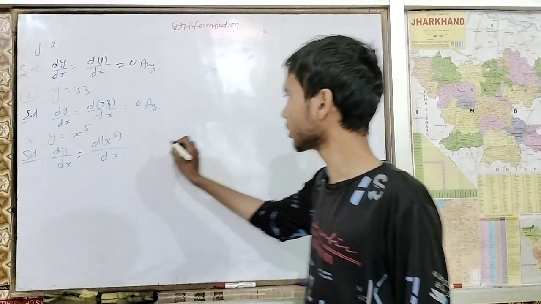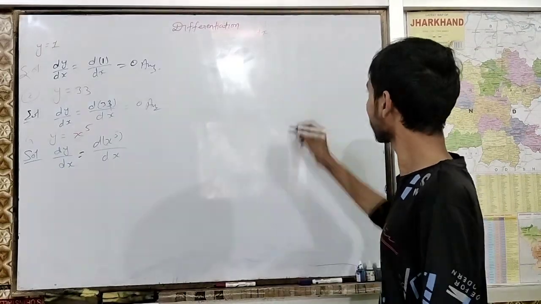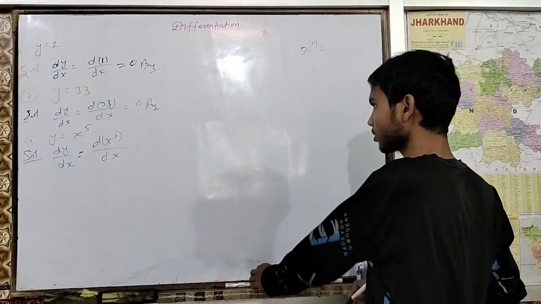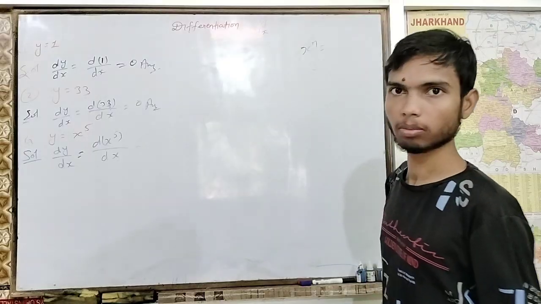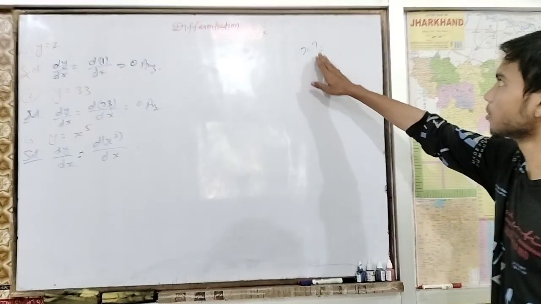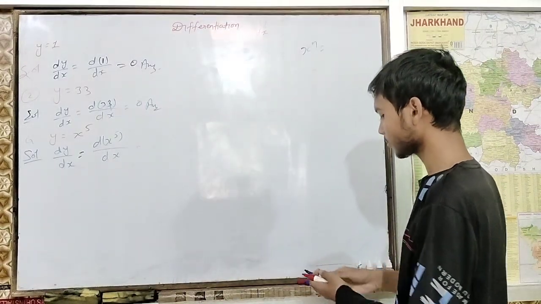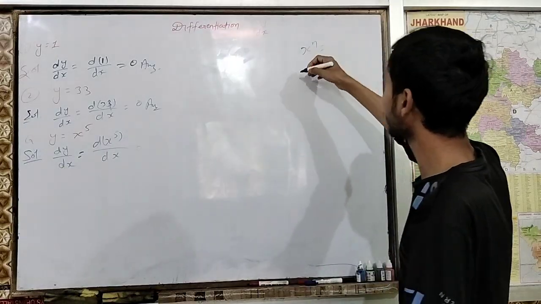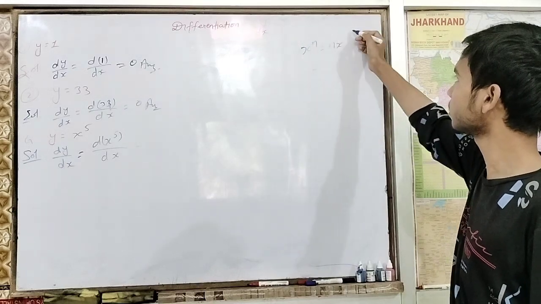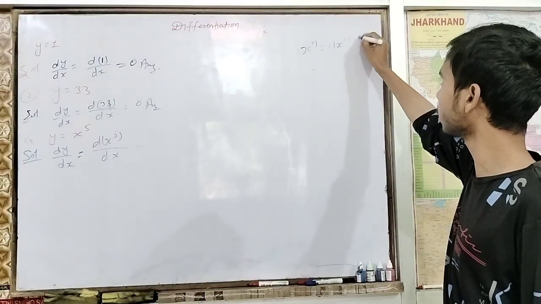Now you know that if this is like that, and this is a natural number, or it can be a whole number or integer, in that case this power will come downward, then x as it is, and here I will subtract 1 from the power.